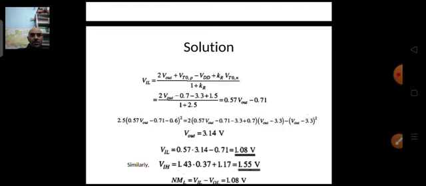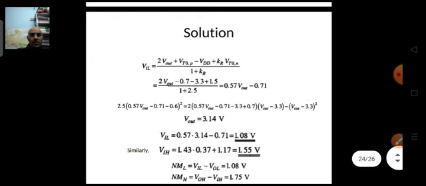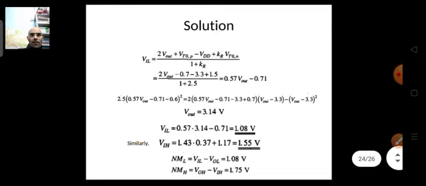If we write this equation in terms of Vout and solve it, it will become a quadratic equation. As it is a quadratic equation, when you solve it you will get two values of Vout, but we have to select one value.